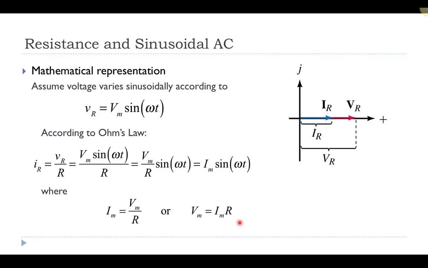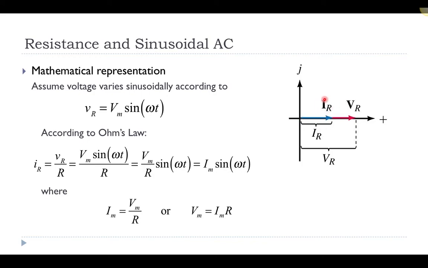The other way we can represent these is in phasor notation, and we try as best we can to use bold for phasor notation. I could represent this sinusoidal varying voltage across the resistor in phasor notation as a voltage that would lie on the 0 axis because there's no phase angle, and the current also has a phase angle of 0, so it would lie on that 0 axis.